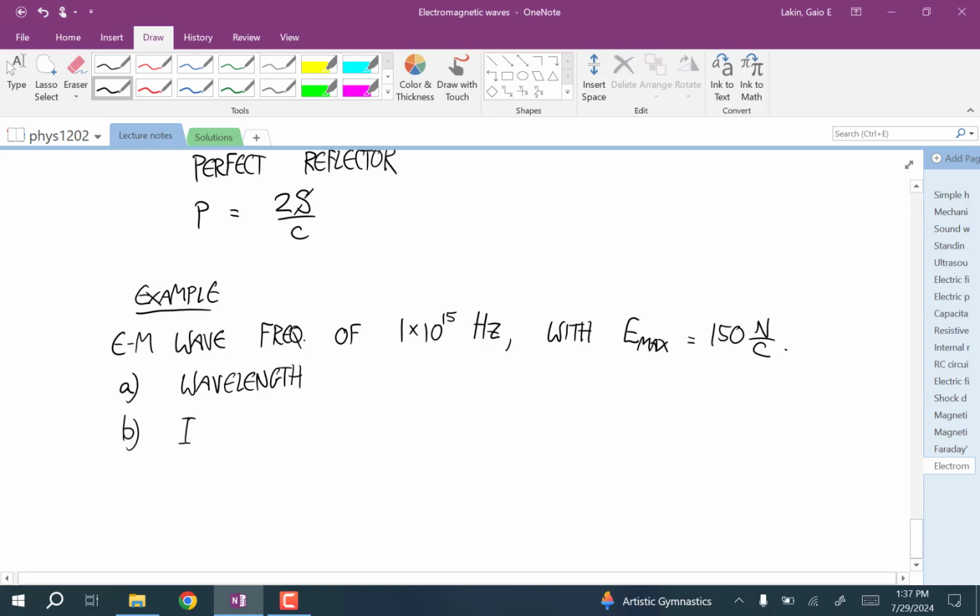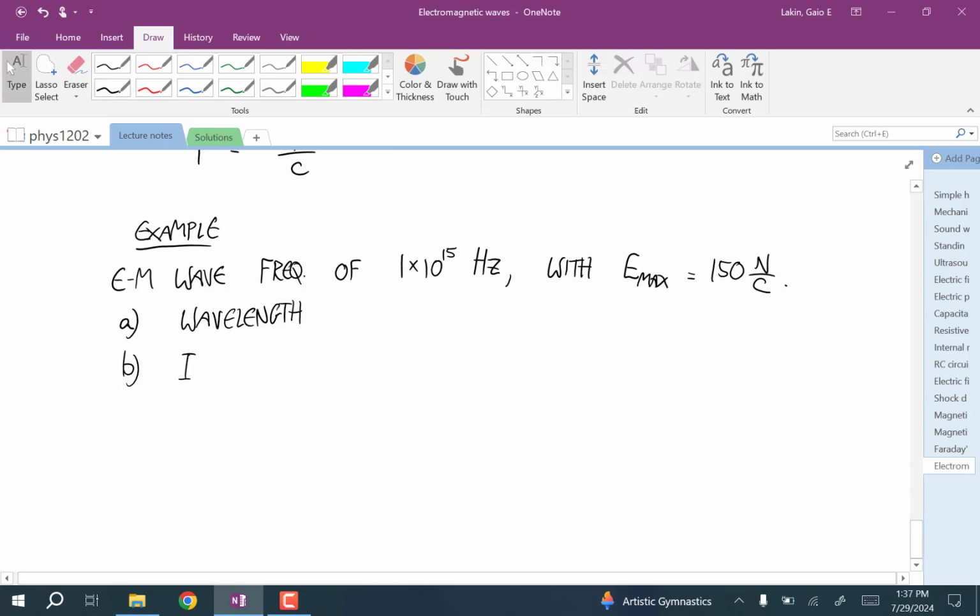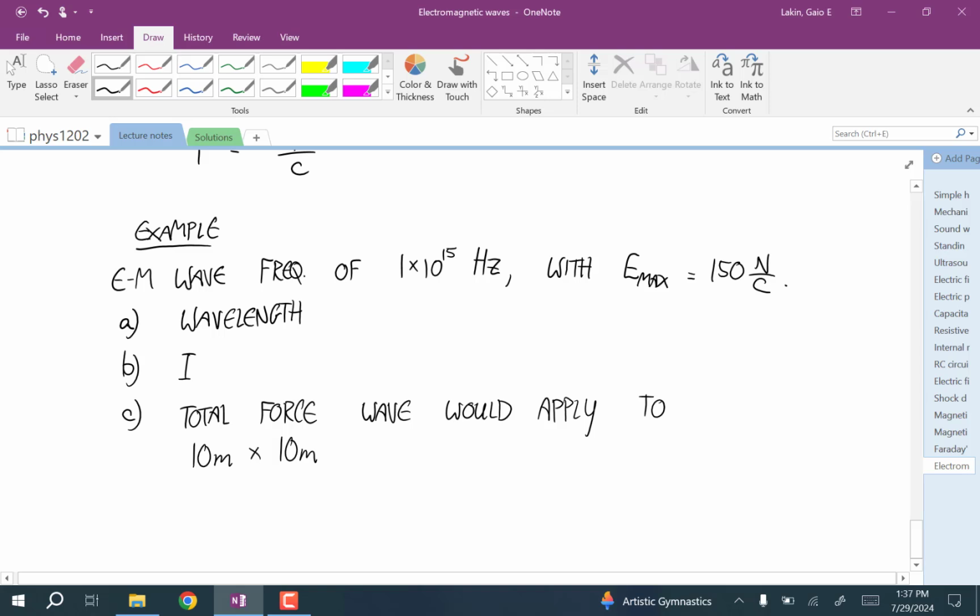Second, can we calculate the intensity of this wave? Third, can we calculate the total force this wave would apply to a 10 meter by 10 meter square of area that's perpendicular to that wave?